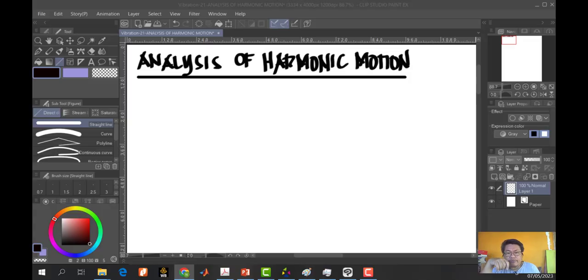Analysis of harmonic motion. Harmonic analysis is a mathematical technique used in analyzing periodic functions and signals. It can also analyze them by means of decomposing them into a series of simple sine and cosine waves, which have varying values of frequencies and amplitudes, commonly known as harmonic components.